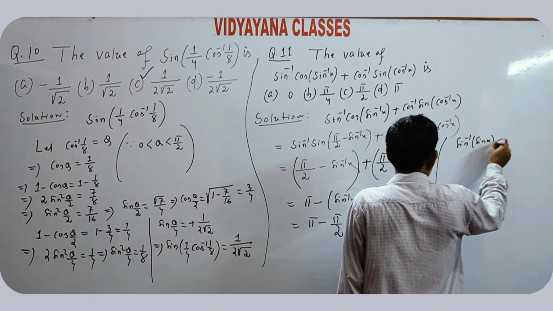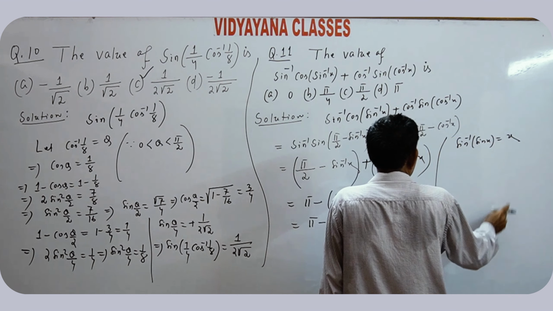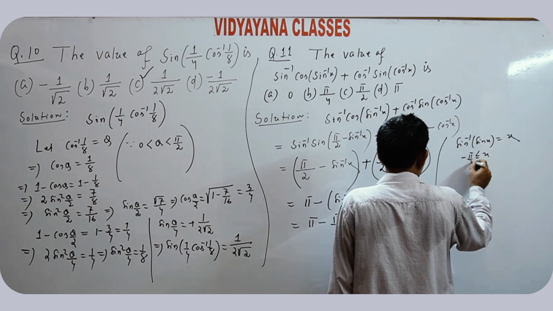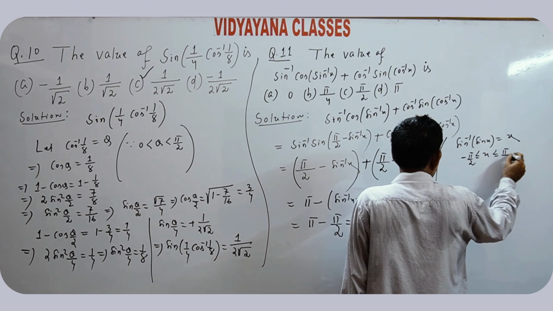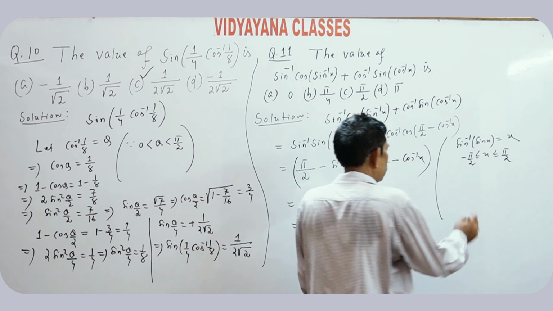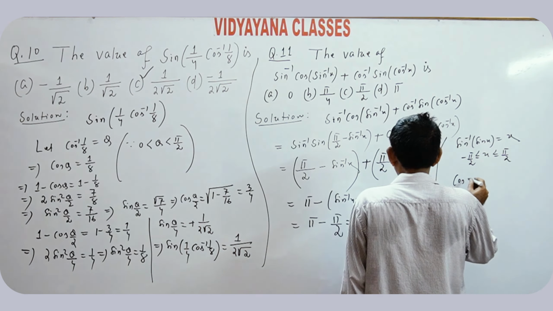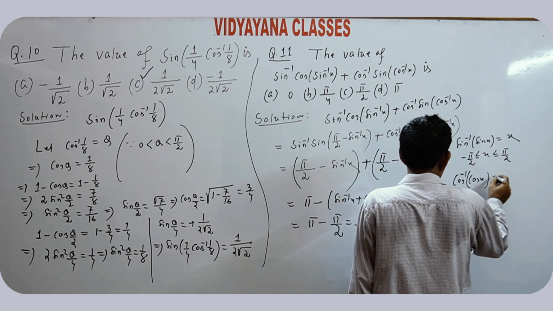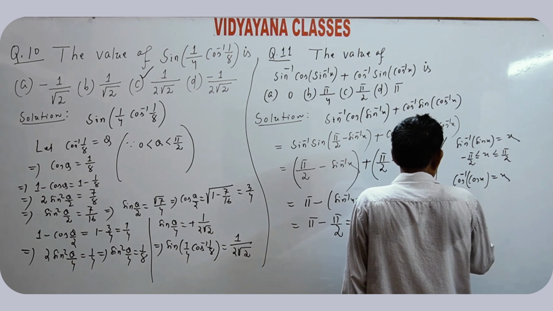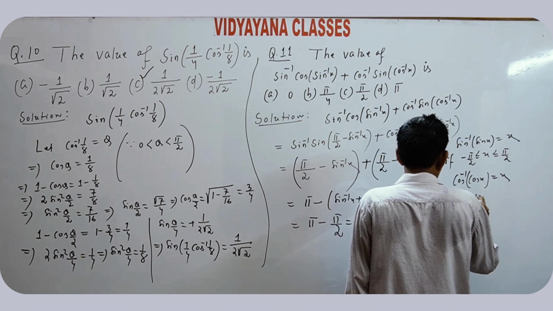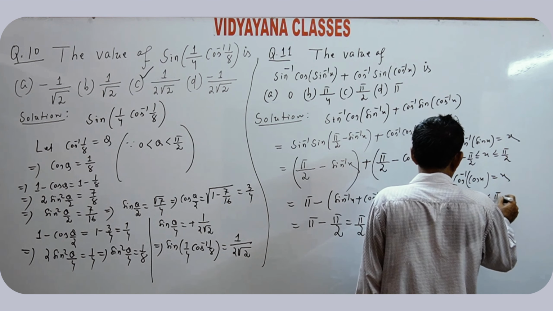Sin inverse sin x is equal to x for x greater than or equal to minus pi by 2 and less than or equal to pi by 2. In this interval the sine function is invertible. Cos inverse cos x is equal to x if x is greater than or equal to 0 and less than or equal to pi.